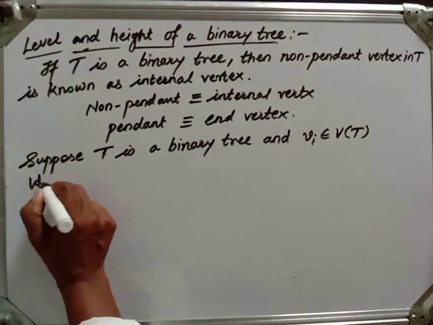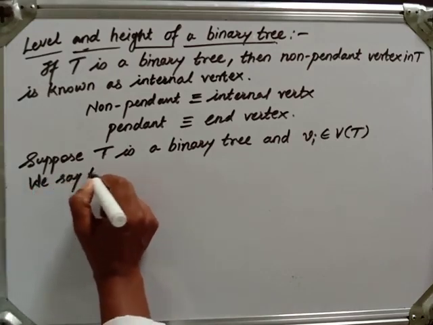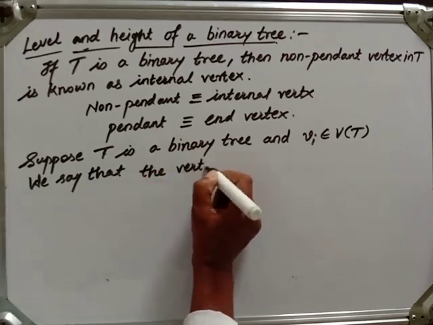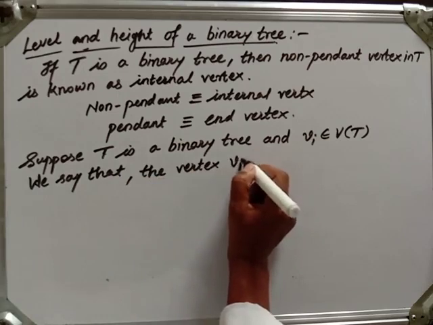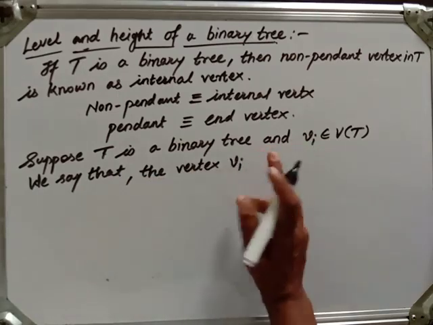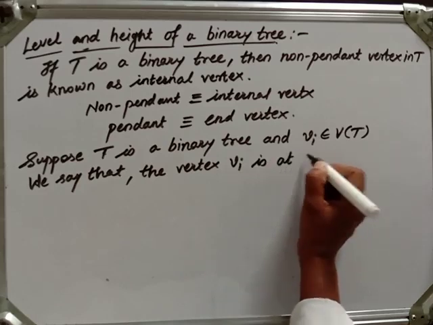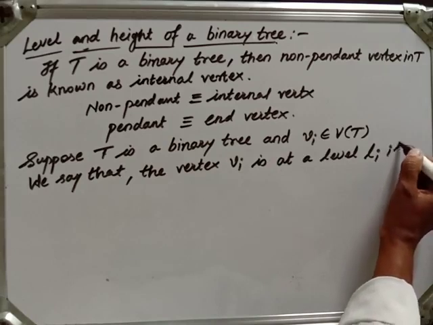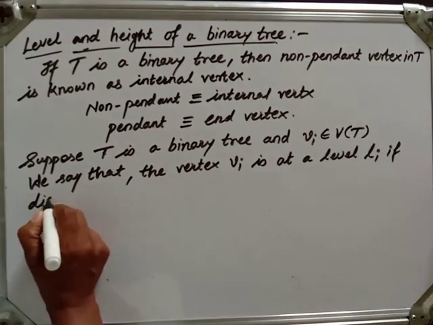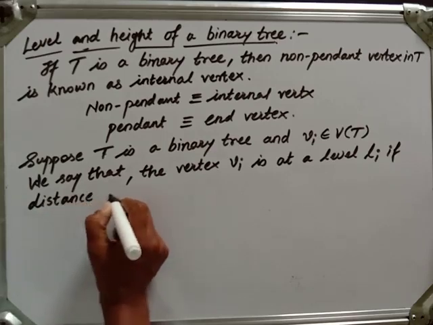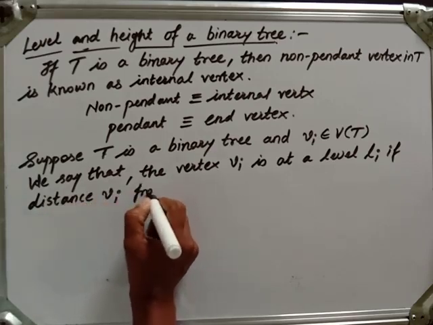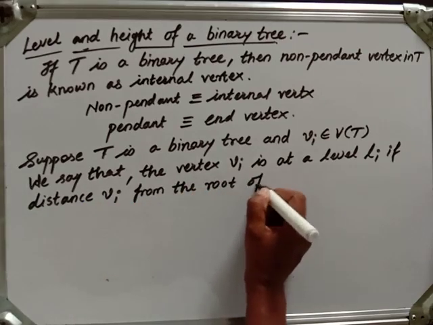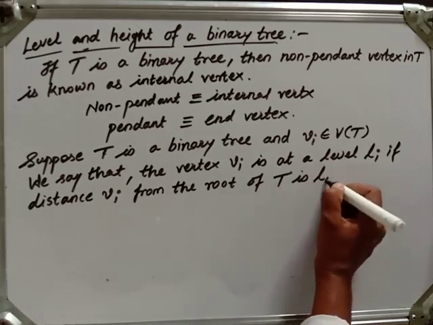We say that the vertex Vi is at level Li if the distance of Vi from the root of T is Li.